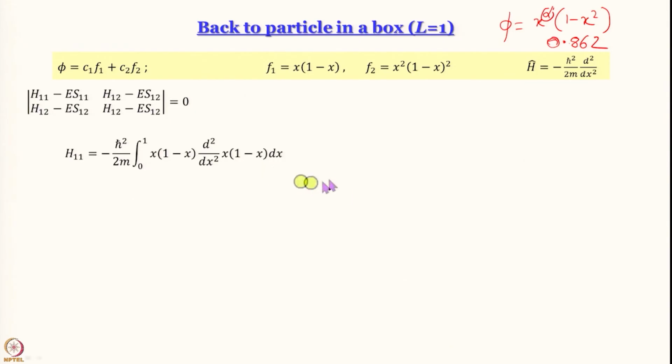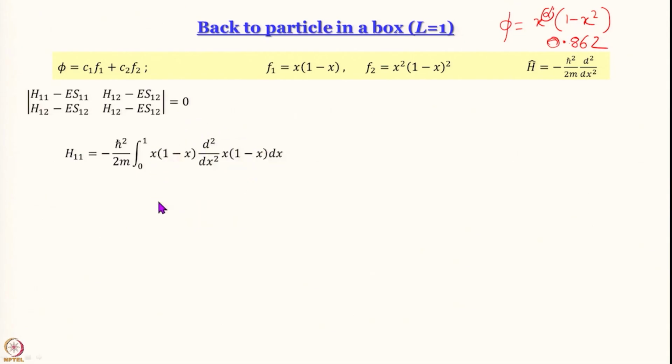Okay. So, the Hamiltonian is minus h cross square by 2m d2 dx2; minus h cross square by 2m comes out. I am integrating now between 0 and 1 because I have set L equal to 1. So, what do I have inside there? Phi multiplied by d2 dx2 of phi. So, this is the first term that I will get.